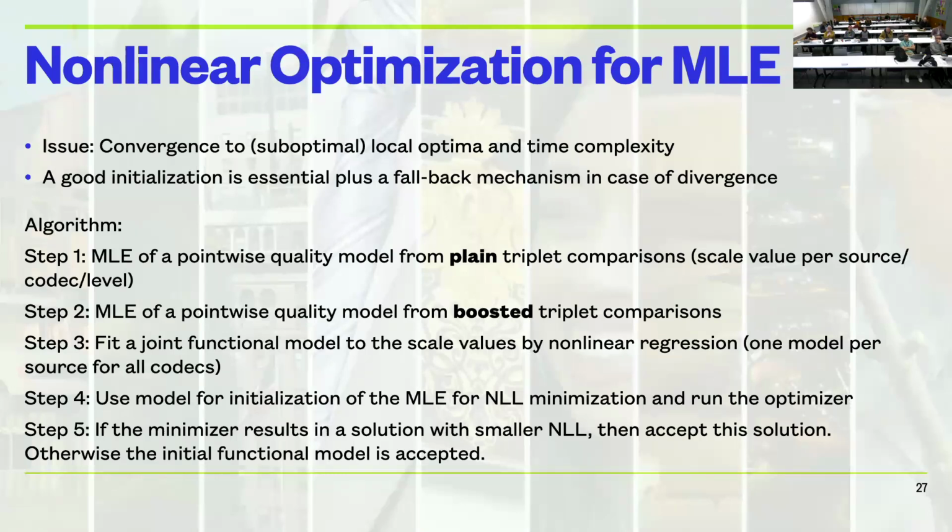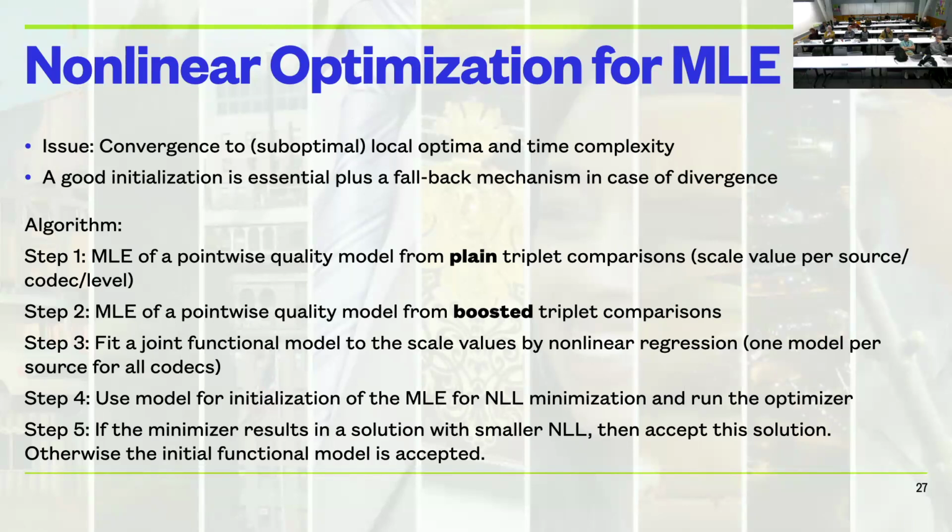So then we get higher impairment values. And then in step 3, we fit this joint functional model to these values by nonlinear regression. So that would be already a first functional model, a unified one that would work well, but it's probably not the optimal one according to maximum likelihood estimation. So we then use this as an initialization for the MLE and run the optimizer.